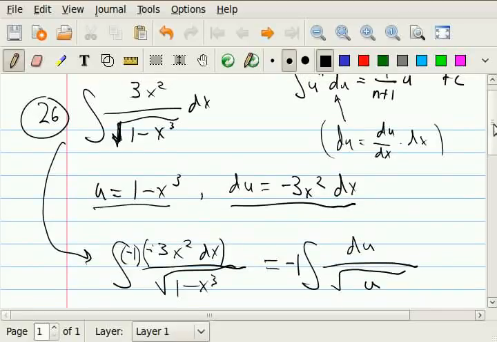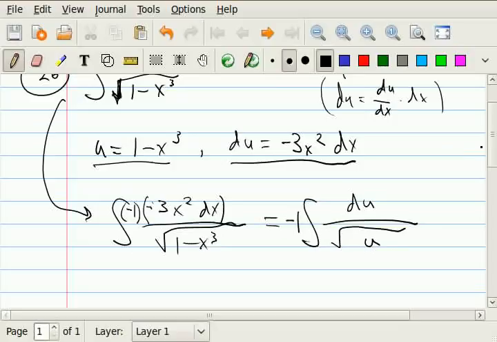So I want to have exactly du inside. I want to get rid of all the x's and the dx that are left over and replace it with du. If I'm not exactly there, then I can maybe fix it a little bit by multiplying and dividing by the same number. The trick here is, when you want to multiply by something inside, that's fine, as long as you cancel it out by multiplying by the reciprocal somewhere else.